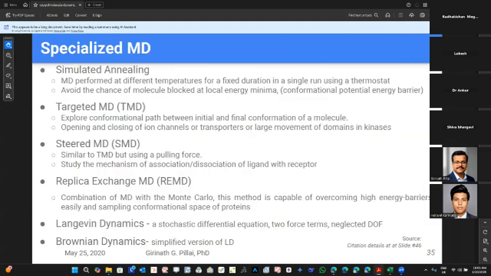Some of the specialized MD, like yesterday Raghutam and others were talking about coarse-grained, all comes under this, where you have simulated target MD, then steered MD, replica exchange, Langevin dynamics, Brownian dynamics. I would recommend starting simple, learning all the understanding about MD, why it is required, where it is applied, and then you can go for the extended advanced ones. I'm a person who always wants to start with simple things and then get to advanced ones.